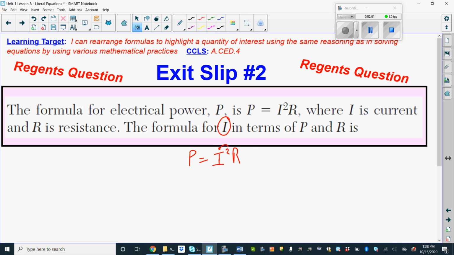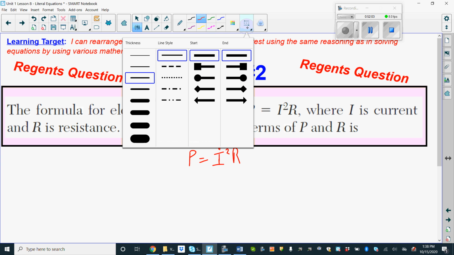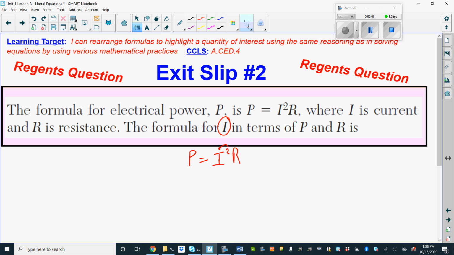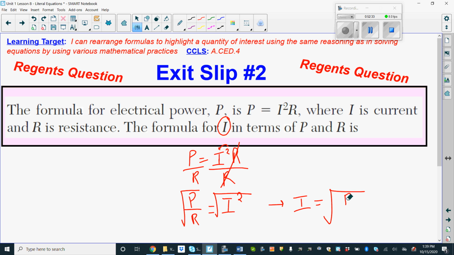So we have I attached to R. We are going to use division because they're attached by multiplication, to get rid of the R. And we divide this side by R, and we're left with P over R equals I squared. So again, we have this squared. The inverse of squared is square root. So we take the square root to cancel out the squared, and we have to take the square root of the other side as well. So our final answer is I equals the square root of P over R.